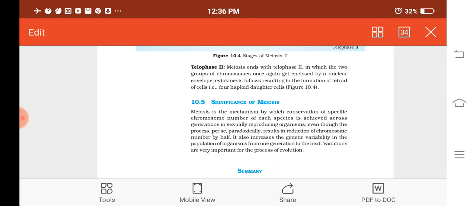But in the case of meiosis, a parent cell will get divided into 4 cells. How are 4 cells formed? Is it clear? During meiosis, a parent cell will get divided into 4 cells, each of which will have only half the number of chromosomes. Is it clear?